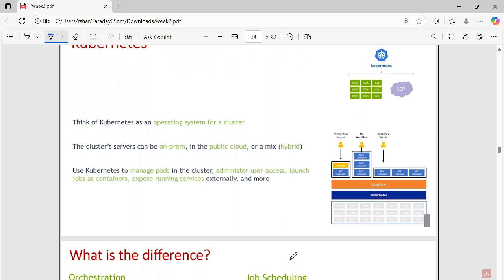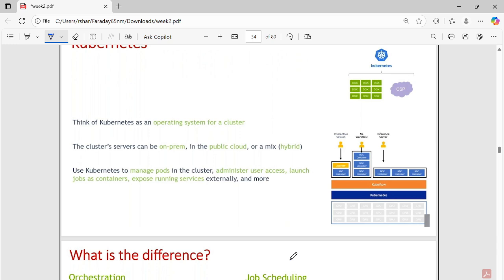One of the orchestration layers is called Kubernetes. We can think of Kubernetes as an operating system for the cluster, doing many of the things that an operating system does, but for all the resources across the nodes and not just on a particular machine.